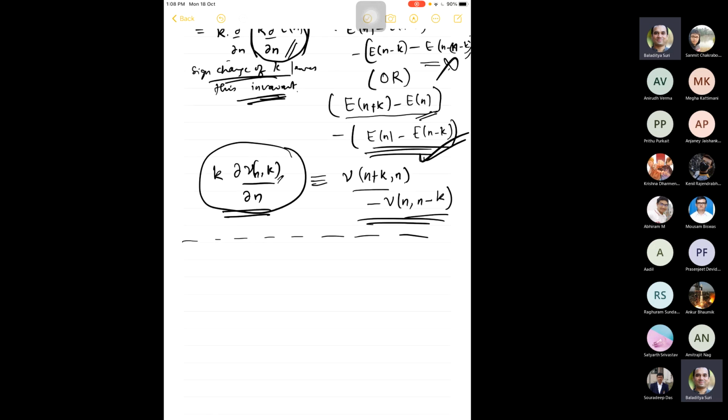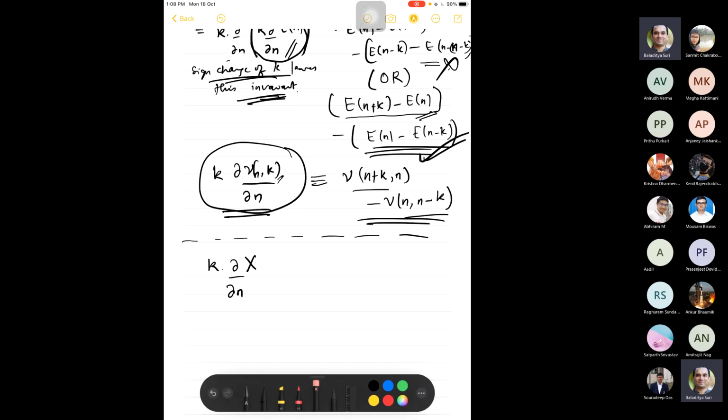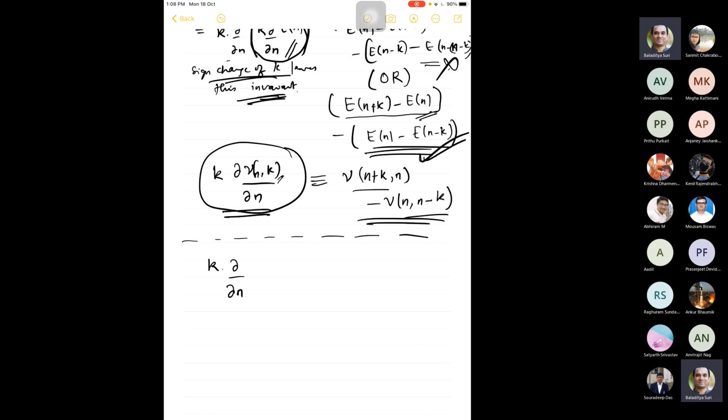If you have a general quantity which is defined for a transition, for example, the Fourier component C, which is again defined only for a transition, this should now, in the quantum case, become C (n+k, n) minus C (n, n-k).